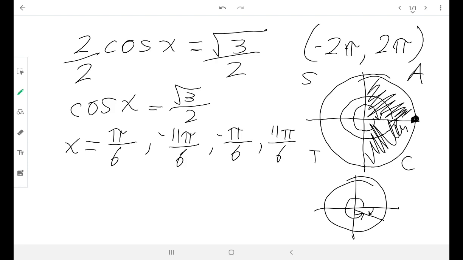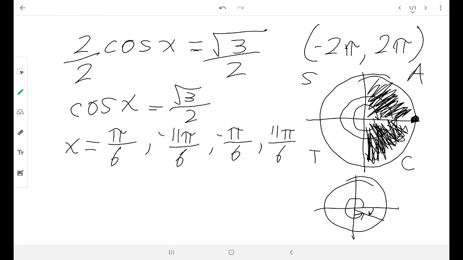Okay, so that covers everything in the first and fourth quadrant, that when you take their angles, both positive and negative, you get an answer of square root of 3 over 2.